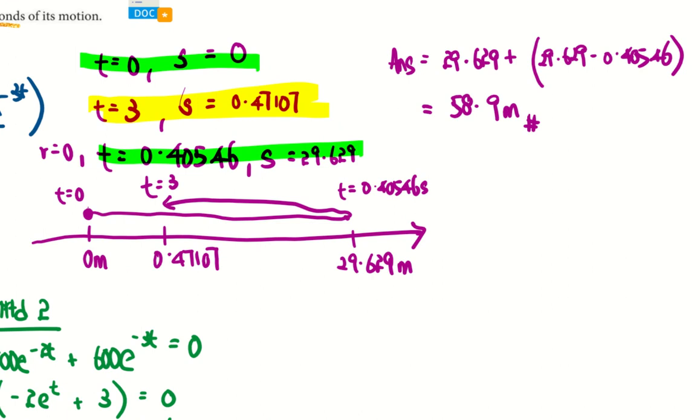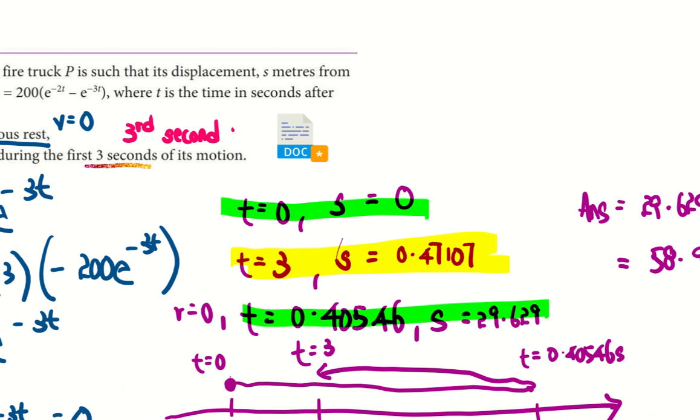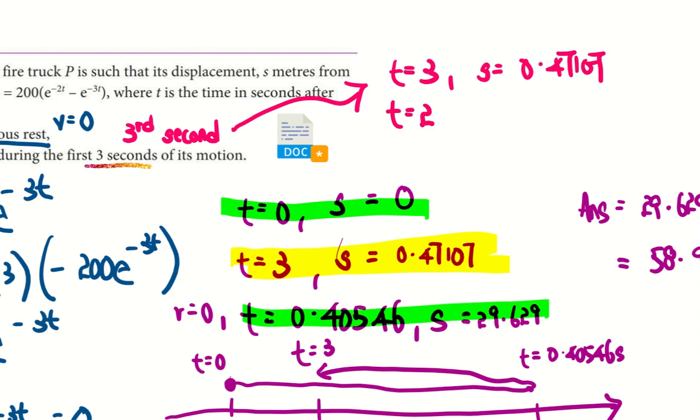So this will conclude this part. However, I'm going to extend the question. Teacher, if I want to find for the third second, it's quite simple. It's a split second. Just now, when t equals 3, we have our distance. But I need to find that 1 second before it.